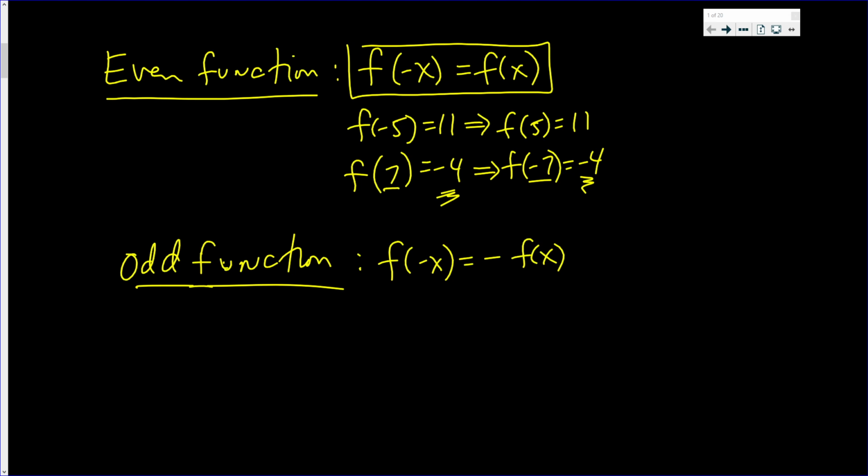We get back negative f of x. So now notice these two differ by signs. If f of negative 3 is equal to 11, then f of 3 will be negative 11. They differ by their sign.